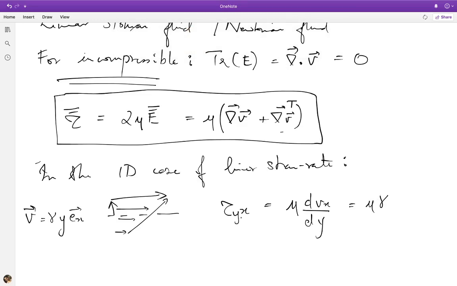So you see that the stress is linearly related to the rate of strain, and this is what is usually introduced to us as Newton's law of viscosity.